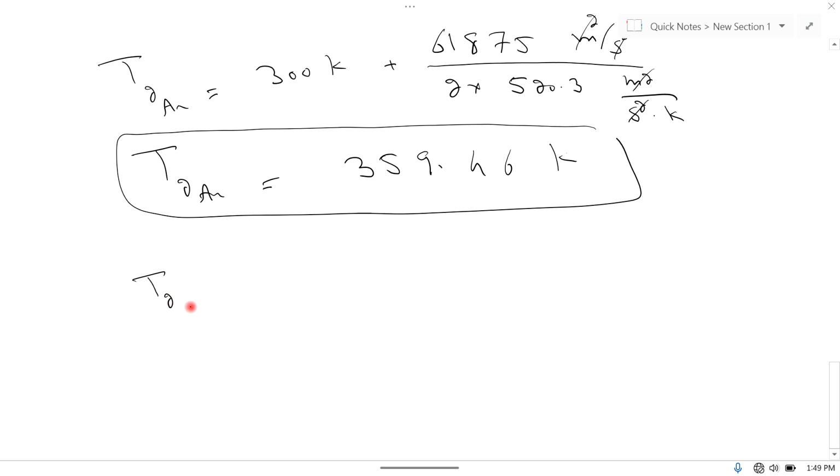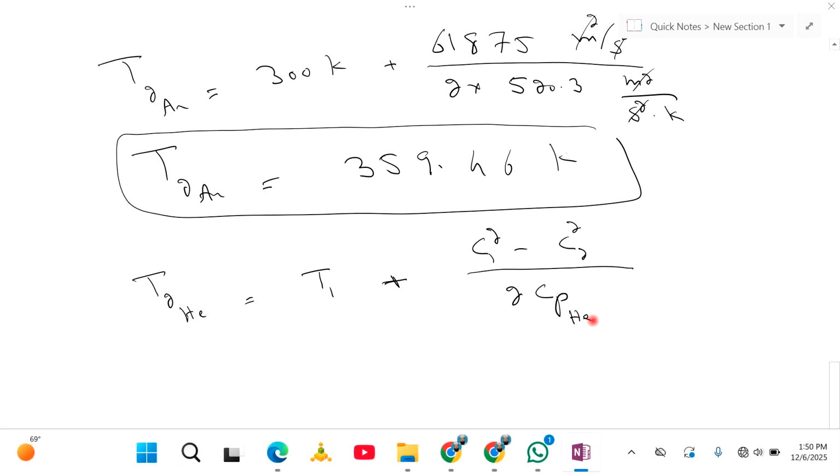Now the exit temperature for helium: the formula is T1 plus C1 square minus C2 square divided by 2 Cp of helium.